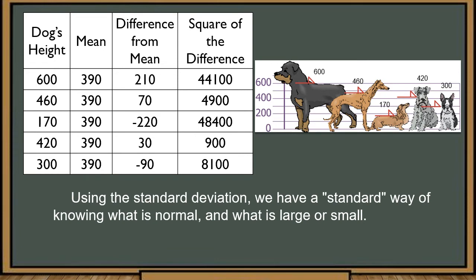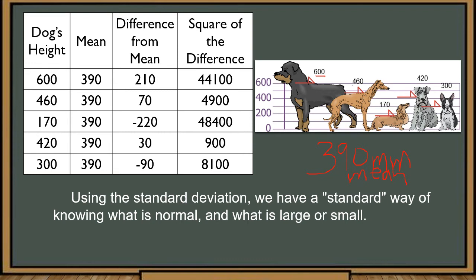So using the standard deviation, we have a standard way of knowing what is normal and what is large or small. For example, if we have 390 millimeters as the mean, from our previous computation, then we can say that this dog's height, 600, is too large or too far from the mean.